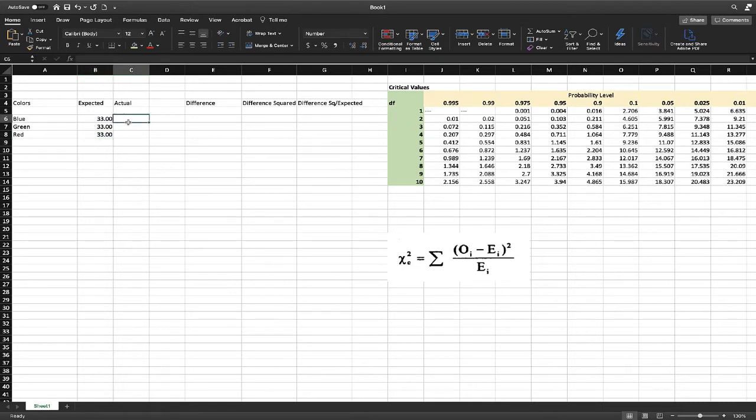Now when you pick these out, we're going to again add up to 99 in this case, because we're going to assume let's pick the whole bag. But let's say we got a bag where there were 35 blue, 31 green, and 33 red. Double check that our totals are correct.